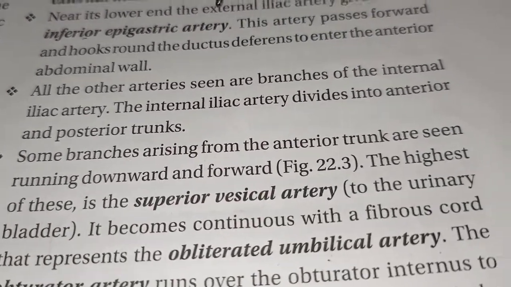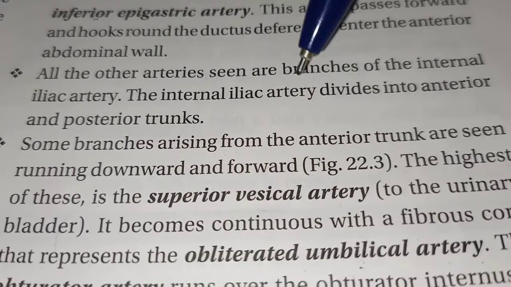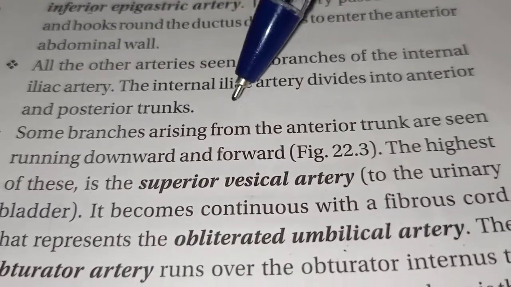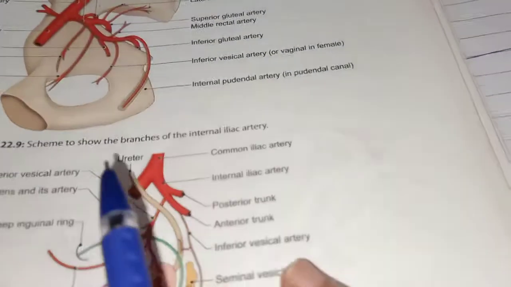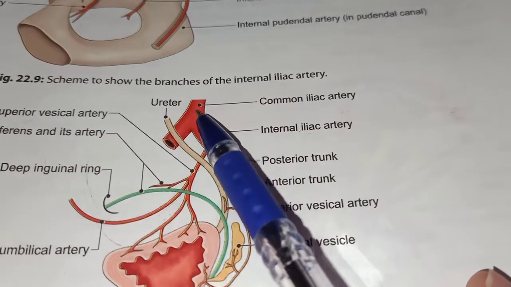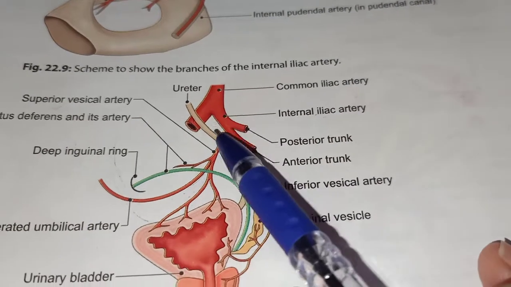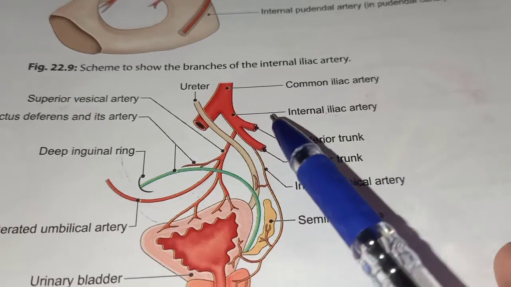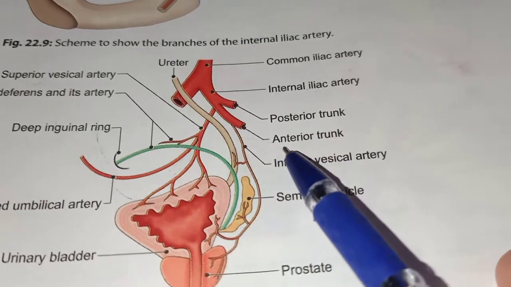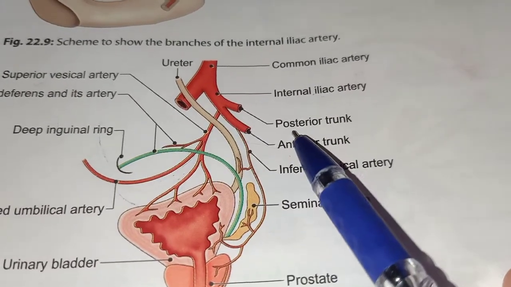Next, I talked about the internal iliac artery, which divides into anterior and posterior trunks. Of the arteries of the anterior trunk, if you see, this is the common iliac artery, this is the internal iliac artery. This internal iliac artery is divided into anterior trunk and posterior trunk.